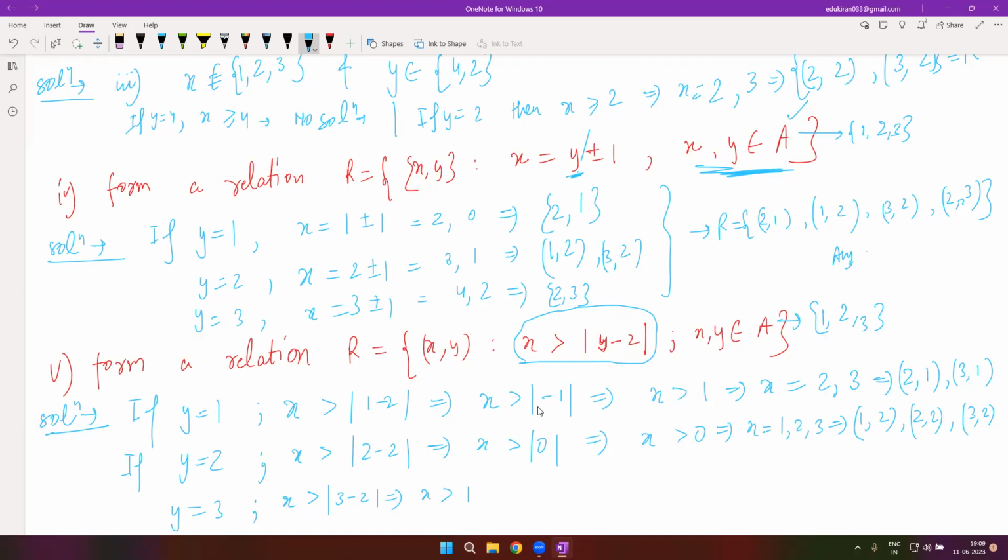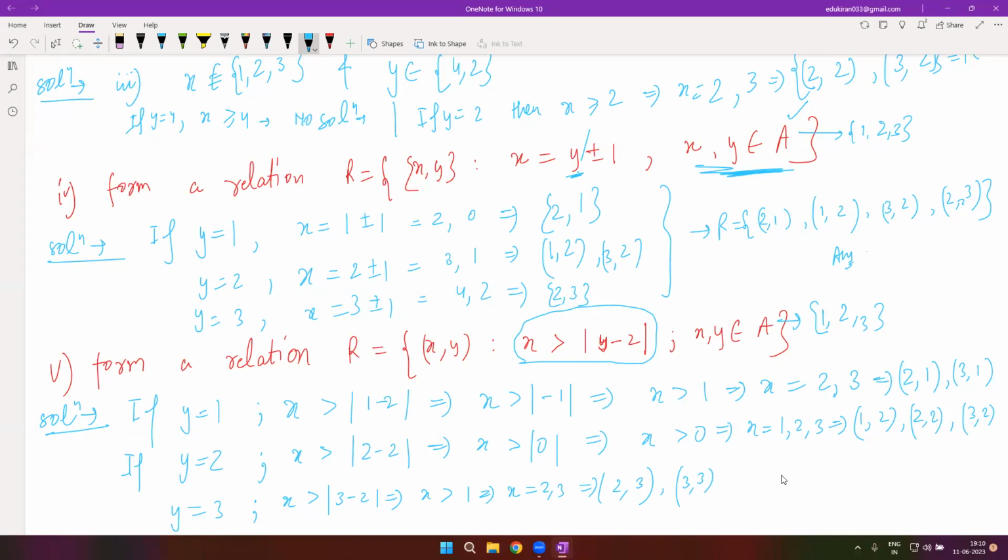So x must be greater than 1. What are the possible values? 2 and 3. So the answer from this case would be 2, 3 and 3, 3, right? Correct. Every one of you is correct.